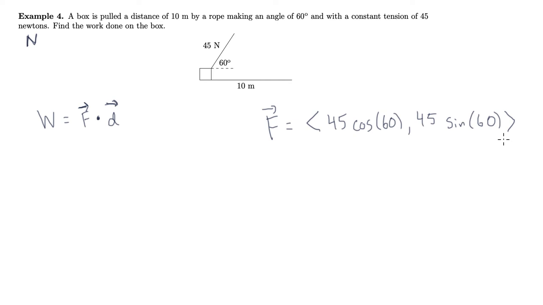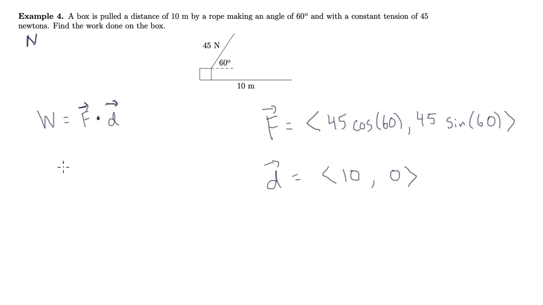Okay, and so what about the displacement vector? Well, it's only a horizontal displacement. And it's going to be a positive 10 meters there. And then 0 in the vertical.